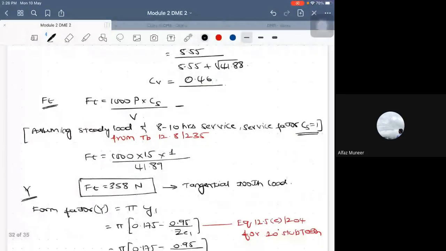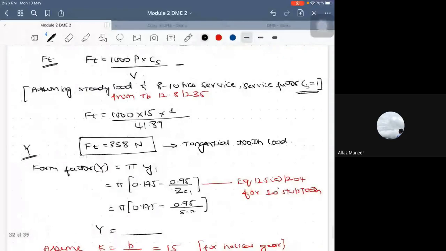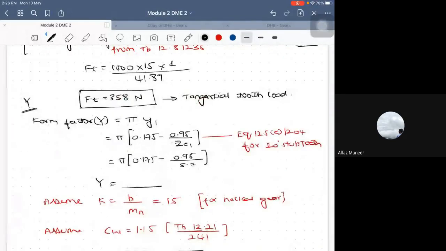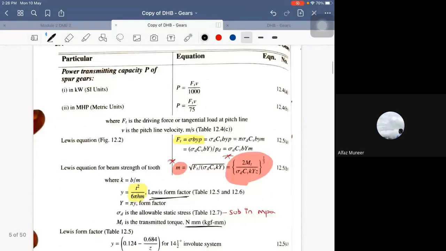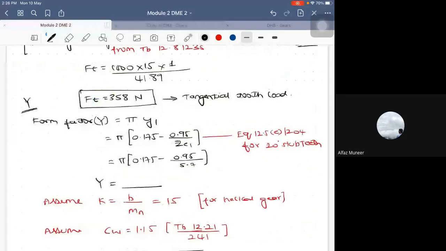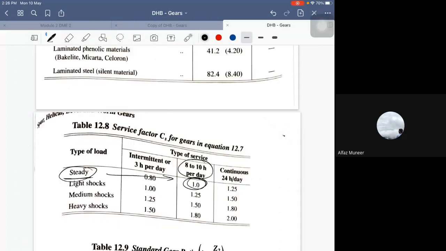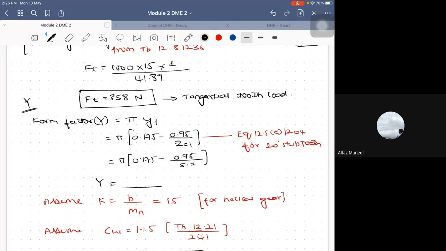Now, next go for calculation of capital Y, which is a form factor. You need the value of Y of pinion, which is 1. Now, go for page number 204. For 20-degree stub system, pick up the value. Pick the equation, write it here. ZE1.